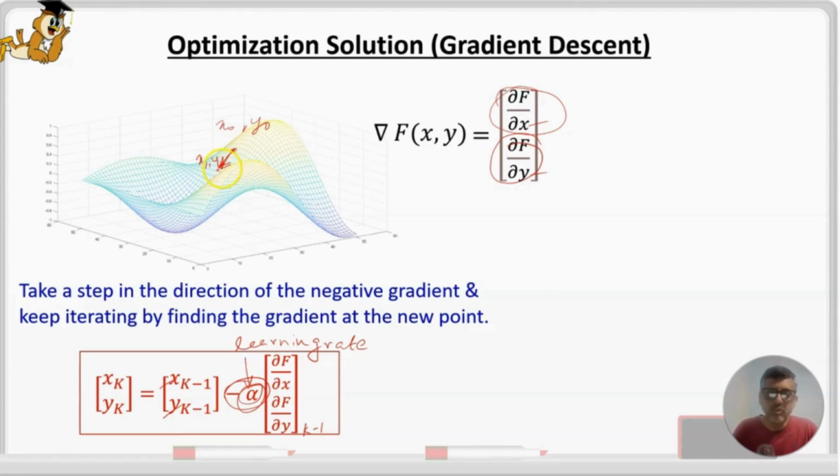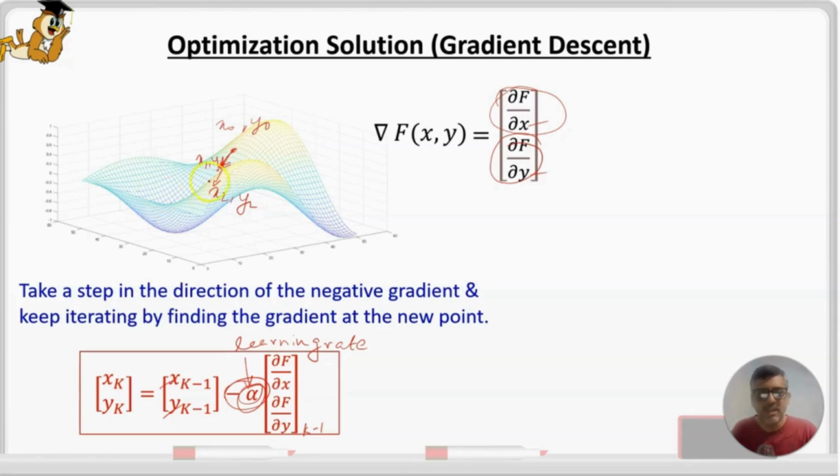Now, after you move to the point x1, y1, you again compute the gradient, evaluating it at this new point by plugging in the values of x1, y1, and then move to the point x2, y2, and so on and so forth. This is the way your iteration goes. This is known as the gradient descent algorithm.